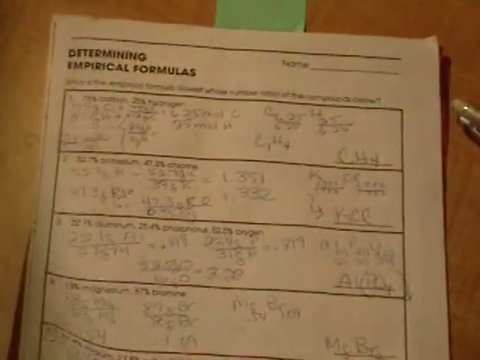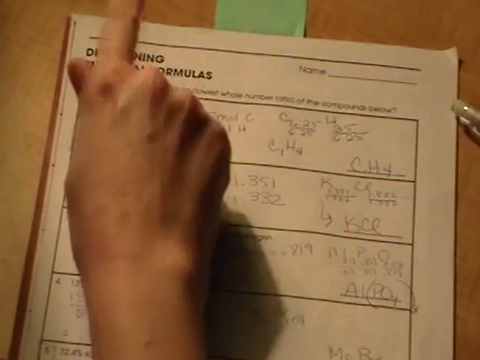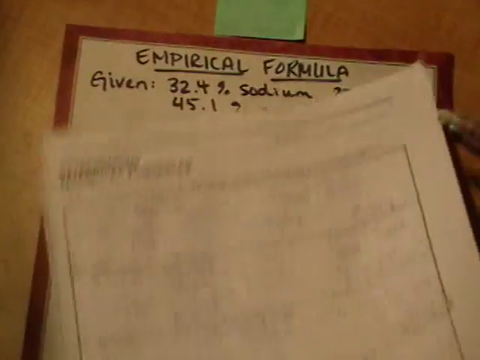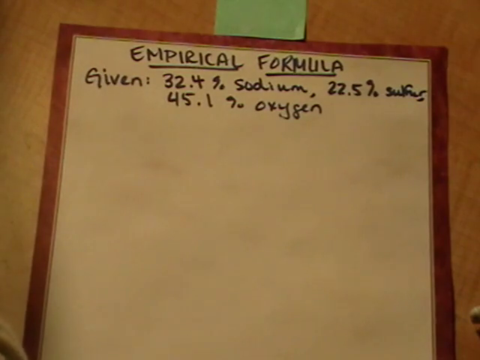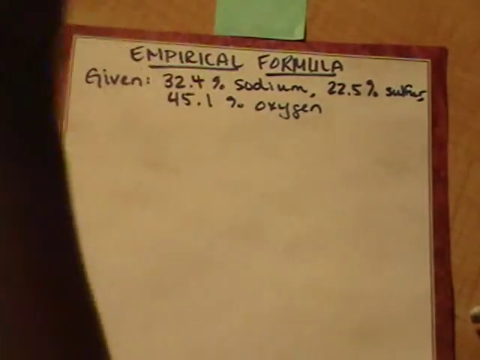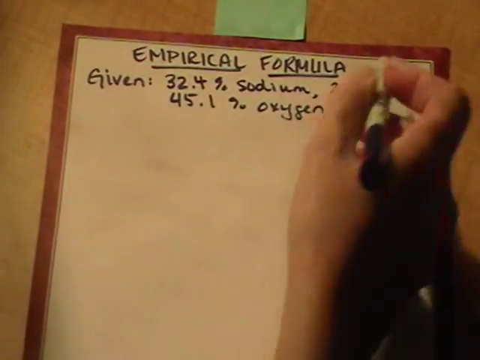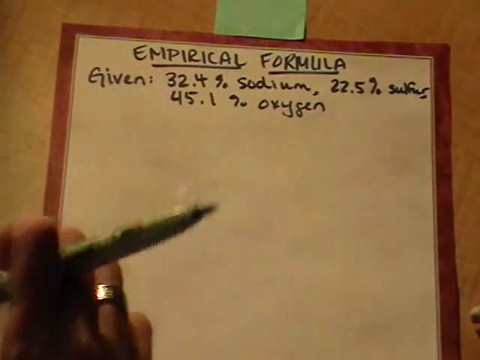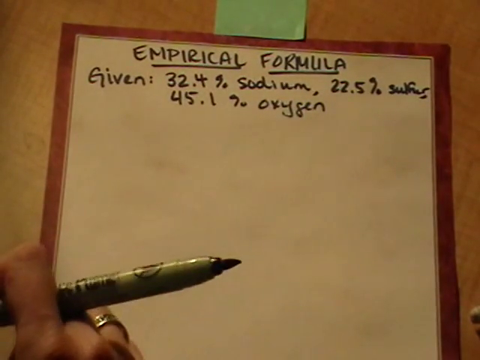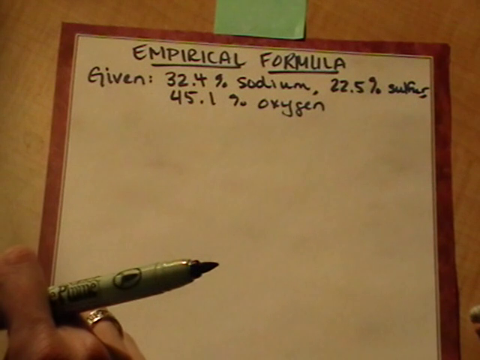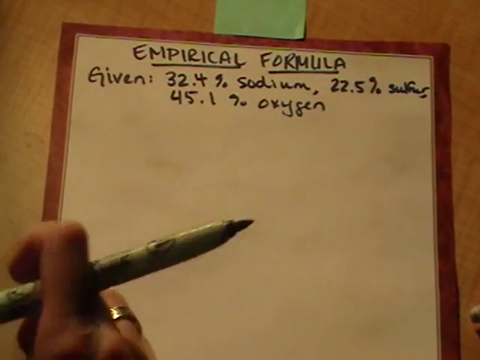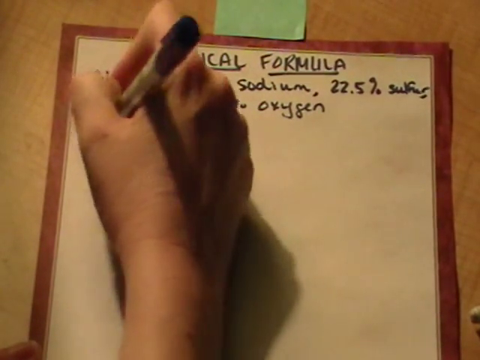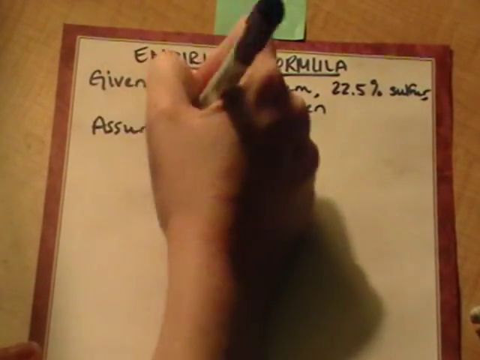So, this video is all about determining empirical formulas, and I've copied out the problem right here, and you can see that we're given in number 5 on this worksheet that we have 32.4% sodium, sulfur, and oxygen. The first step that you're going to take whenever you're doing empirical formula, molecular formula, percent by mass, you're going to assume that you have 100 grams of whatever substance you're working with.